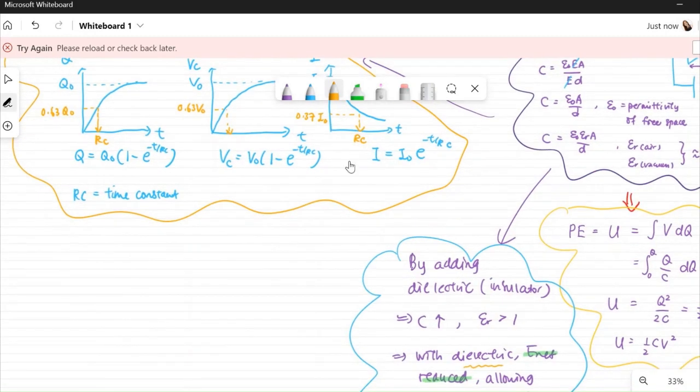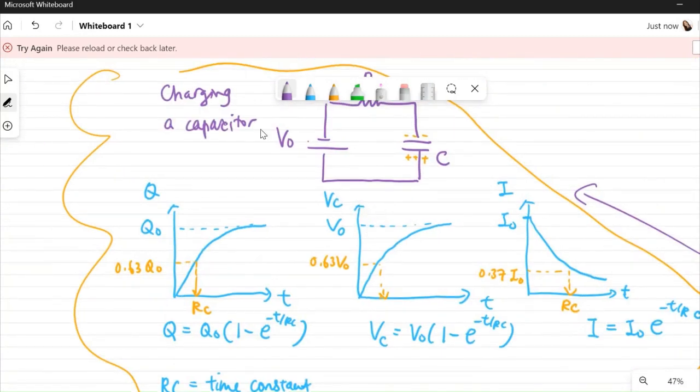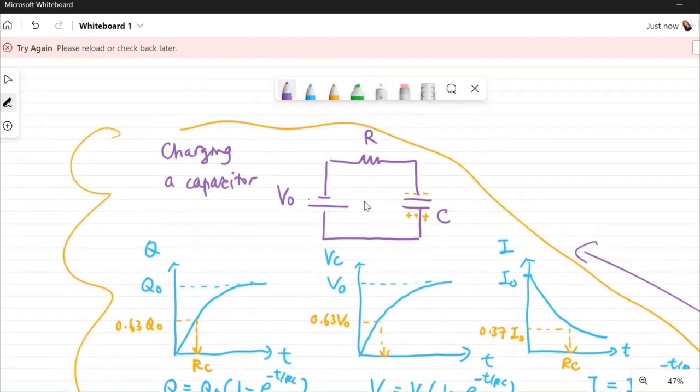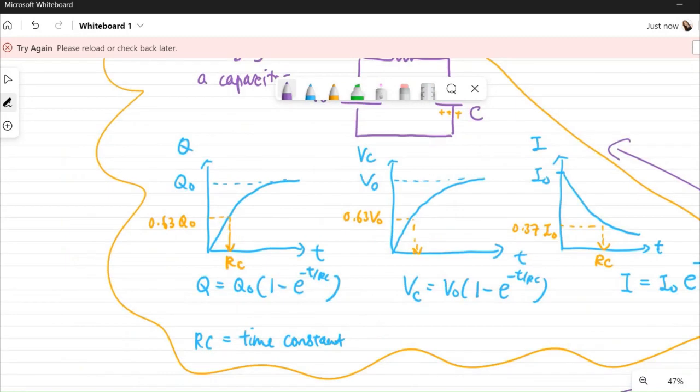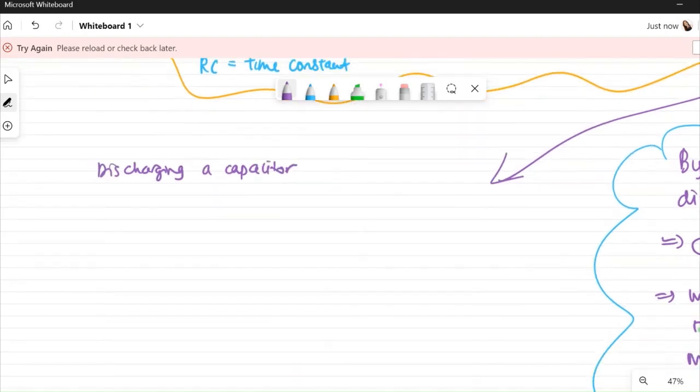Okay, for discharging a capacitor, we have to remove the battery from the RC series circuit if you want to discharge a capacitor. So for discharging a capacitor, we use a capacitor connected to a resistor without any potential difference.